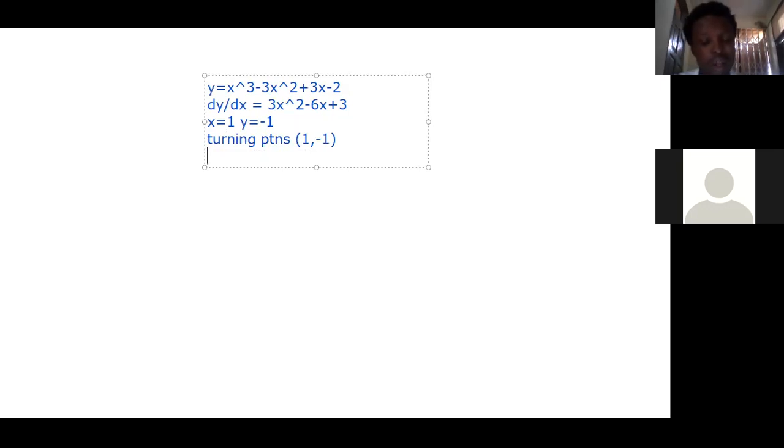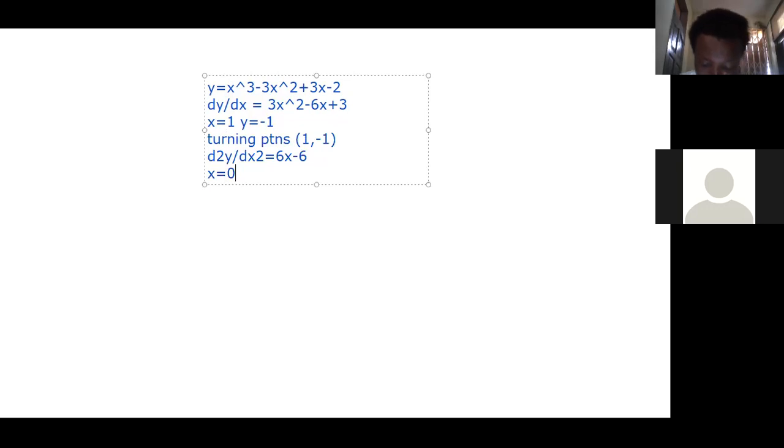Differentiating again, you get d2y/dx2 equals 6x minus 6. So x is equal to 1.